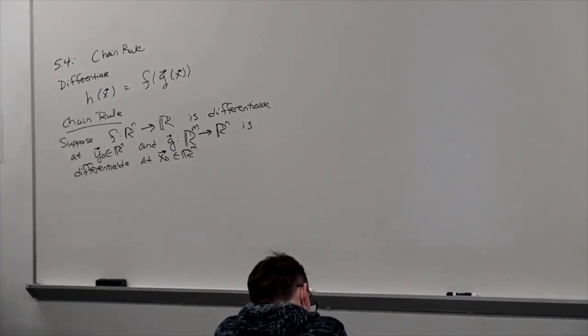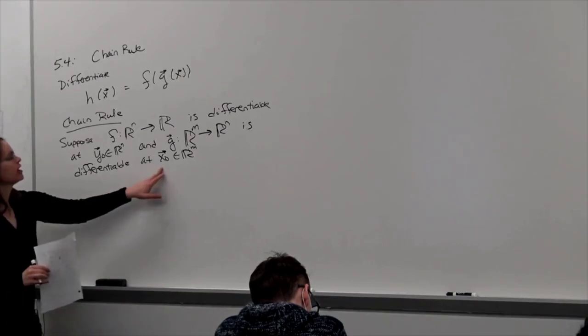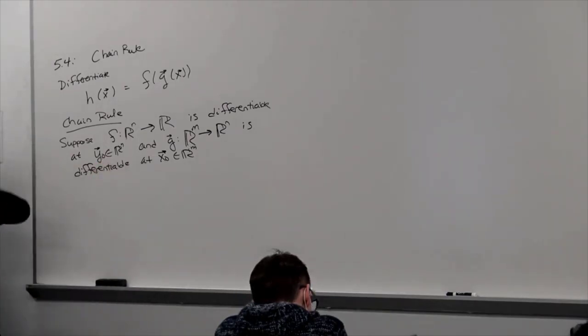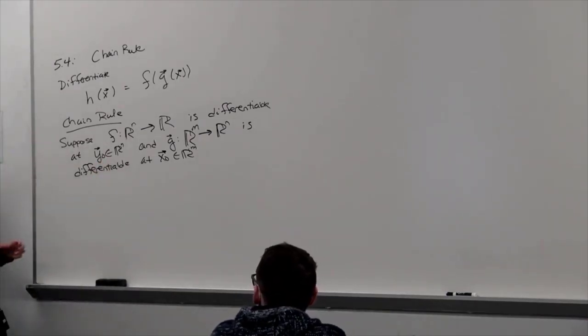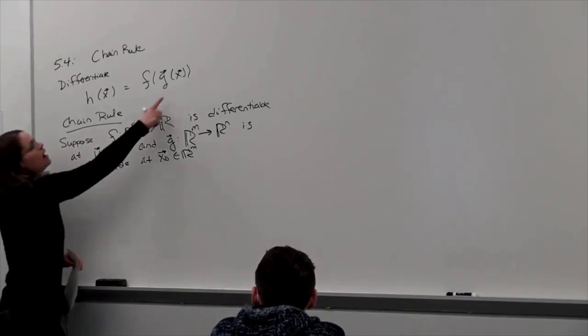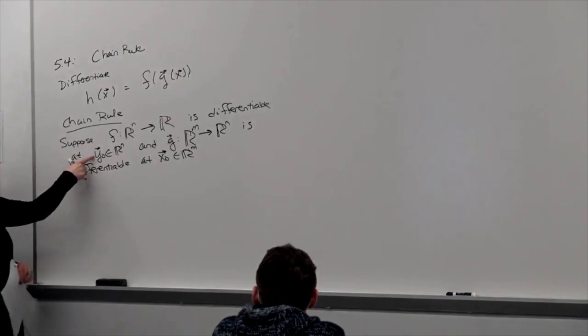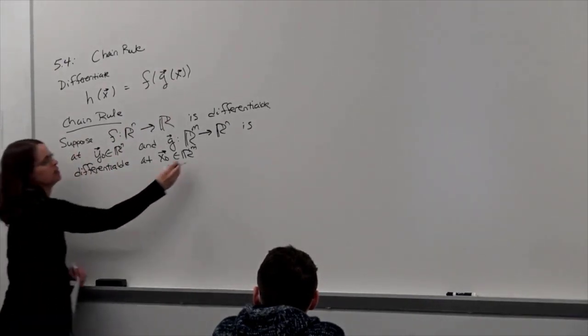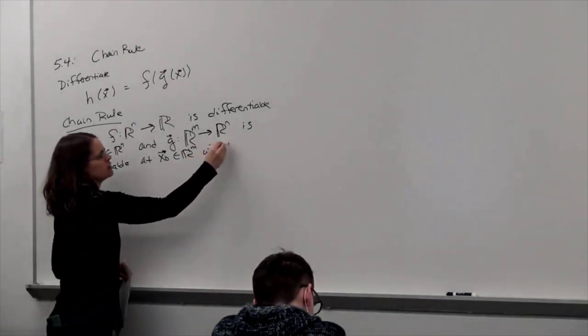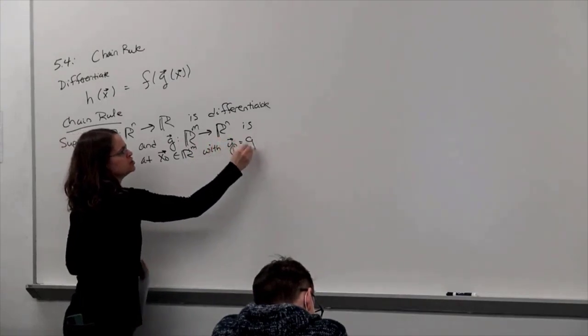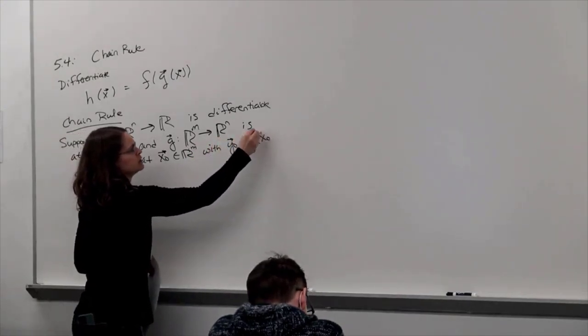And of course there's some relationship between this x naught and this y naught. They're not just random points. They're related because when we put x naught in here, we want g of x naught to give us the thing that we're going to sub into f, which is y naught. So we'll say y naught is g of x naught.